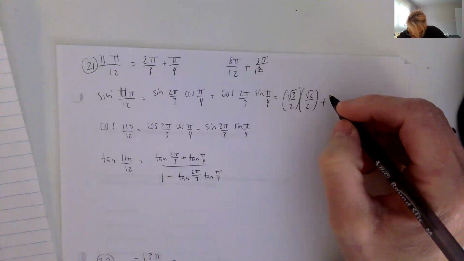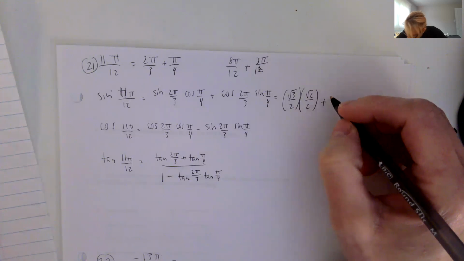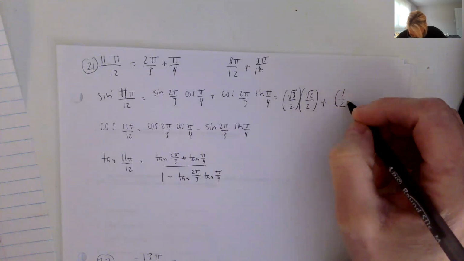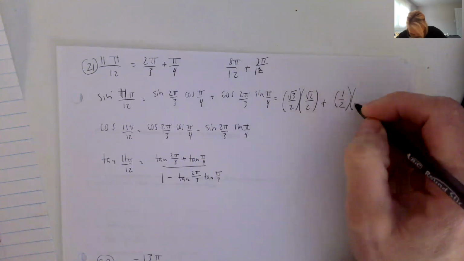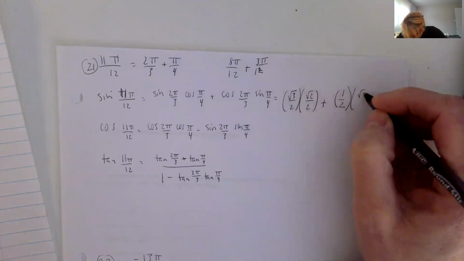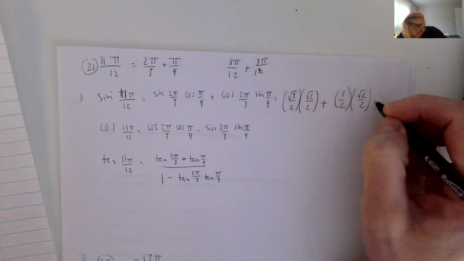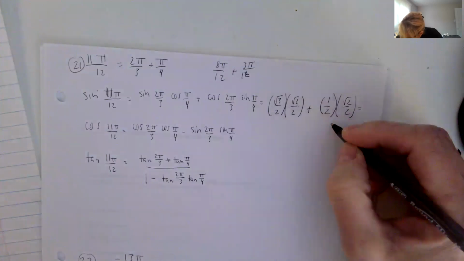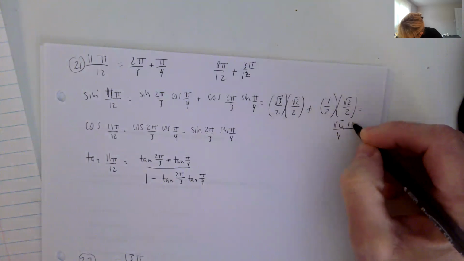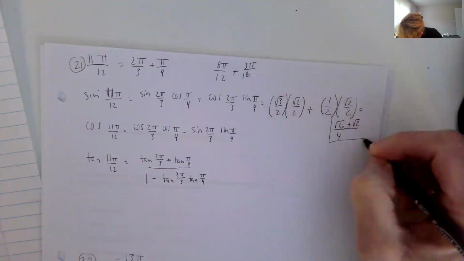Cosine in the second quadrant is now negative, and that's 1/2. And then sine at pi over 4 is square root of 2 over 2. So this simplifies into square root of 6 over 4 plus the square root of 2 over 4.